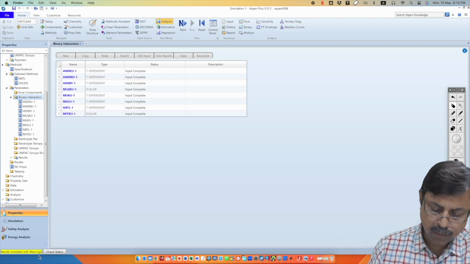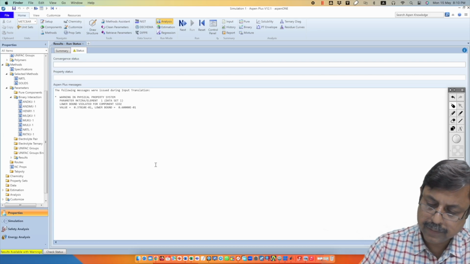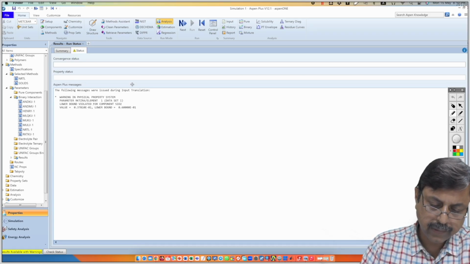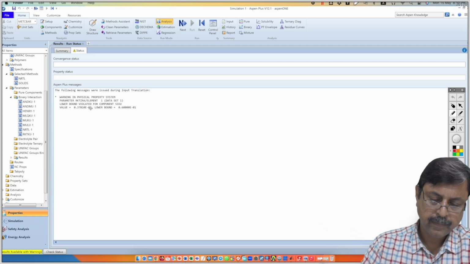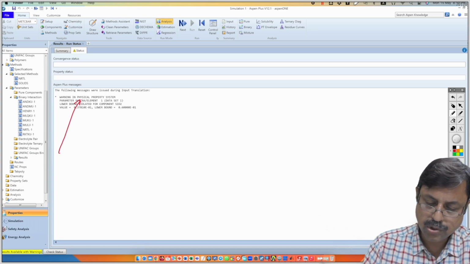So let us see what kind of warning it is. So it says, warning in physical property system parameter RKTZRA element 1. I'm not sure what this RKTZRA means. We have to check.